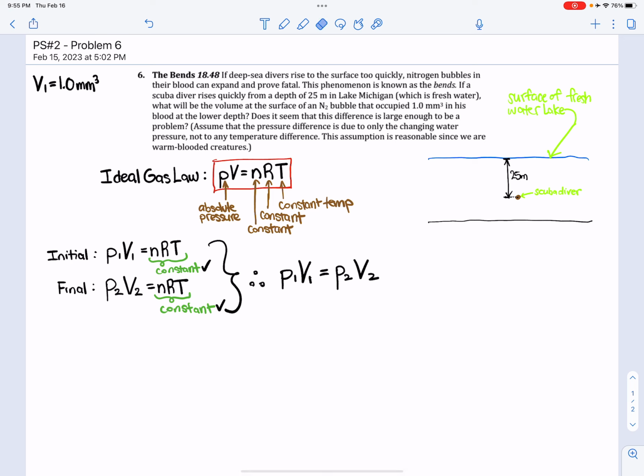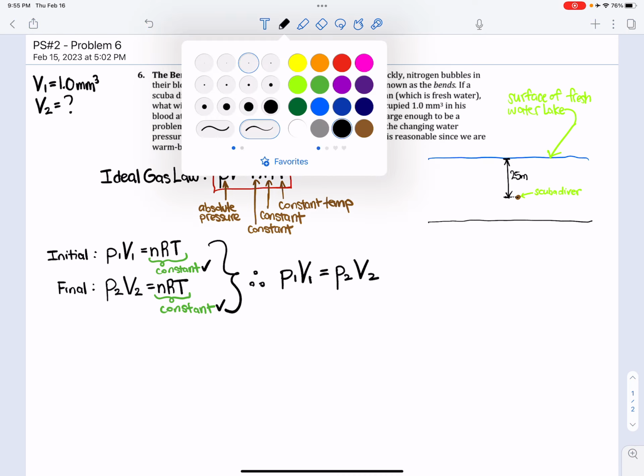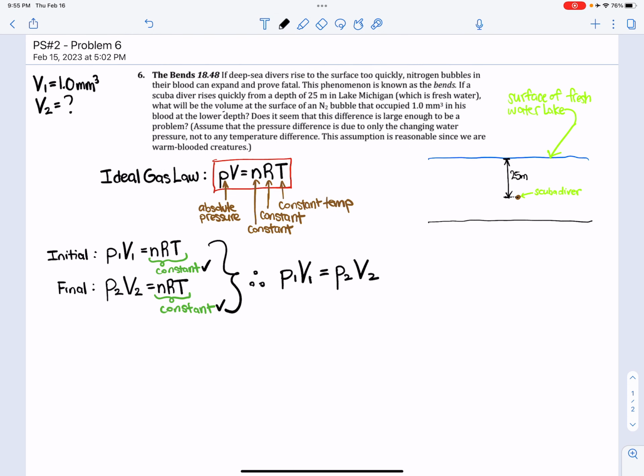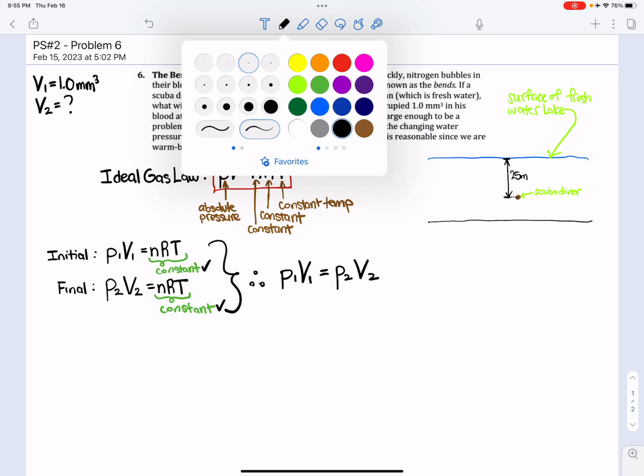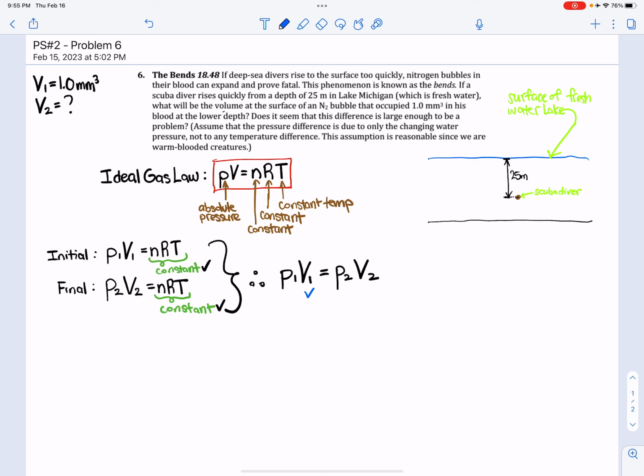So we are trying to look for V2, okay? So this guy is a given. This guy we're looking for. And let's find a way to solve for pressure. Initial pressure and final pressure.